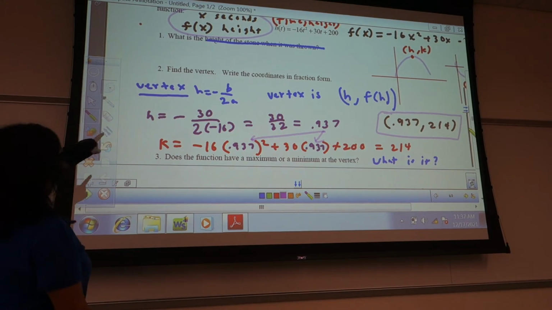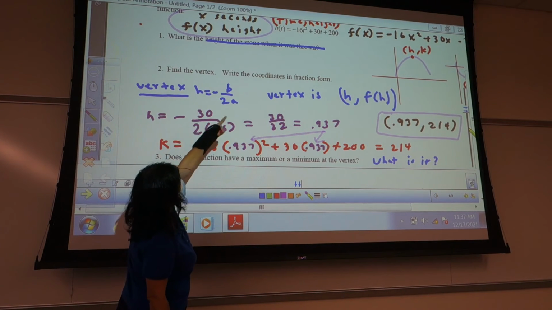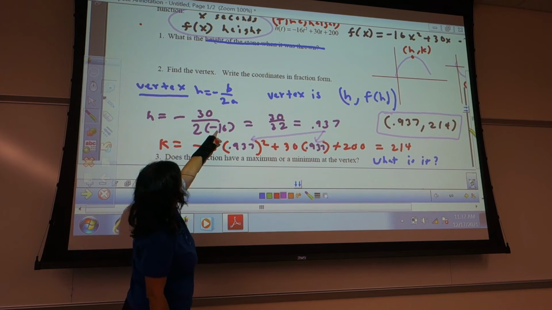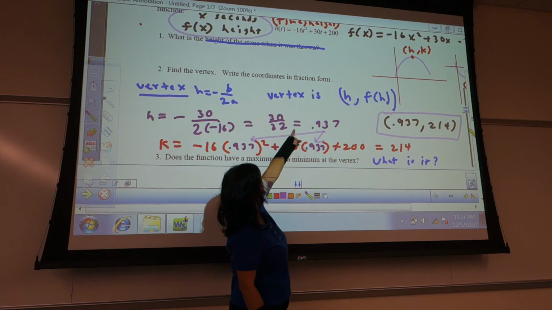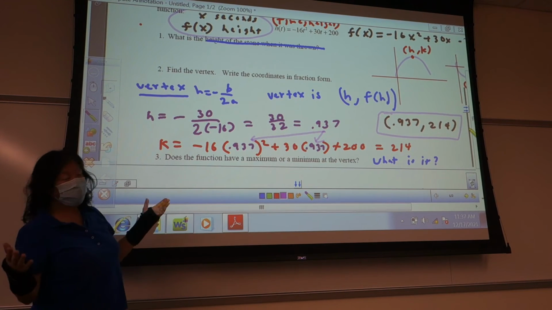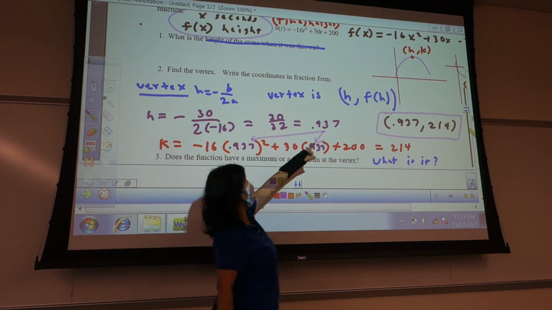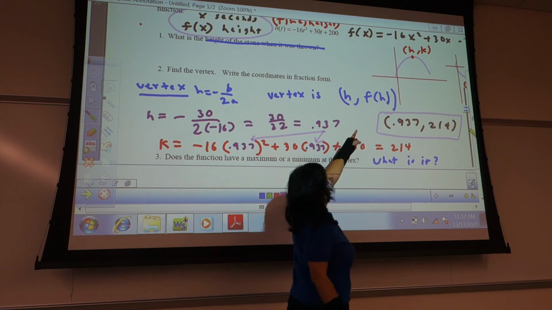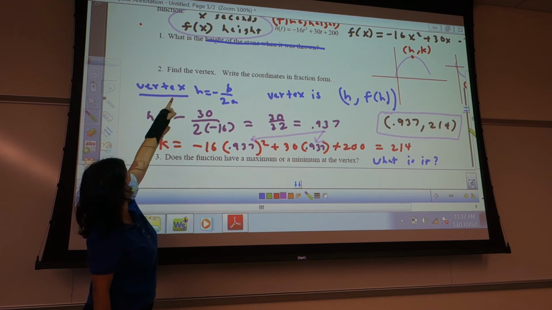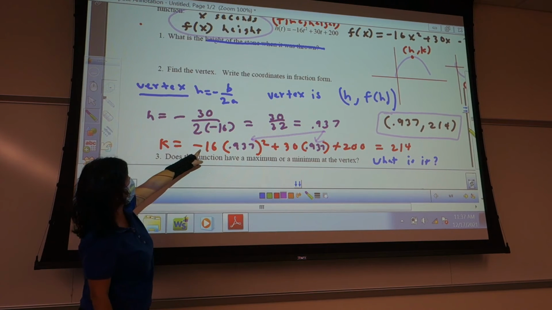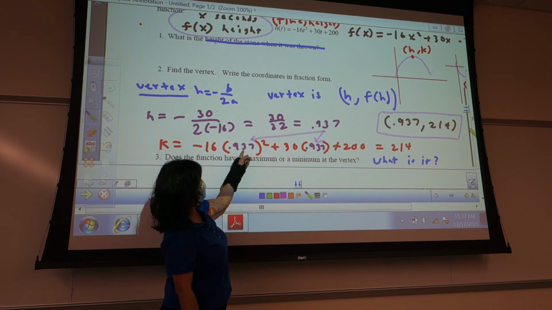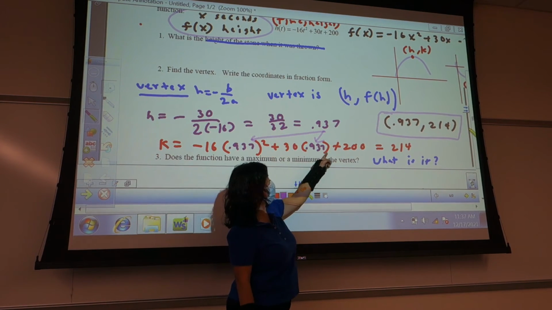So we put in b is 30, so negative b over 2 times a, where a is negative 16, and we get 0.937. Then my k, the y part of the vertex, is f of h. So I'm just going to put h into my original formula: negative 16 times something squared plus 30 times something plus 200.